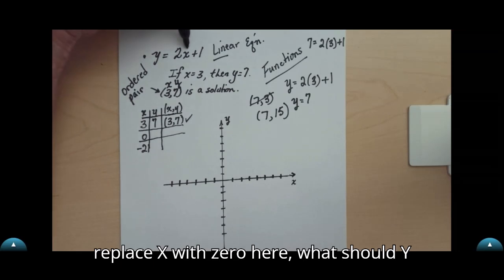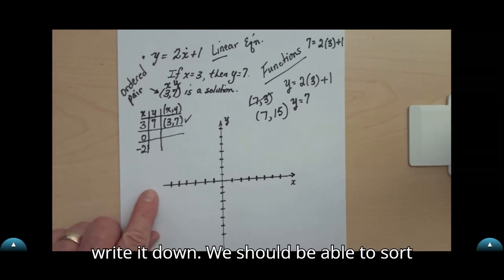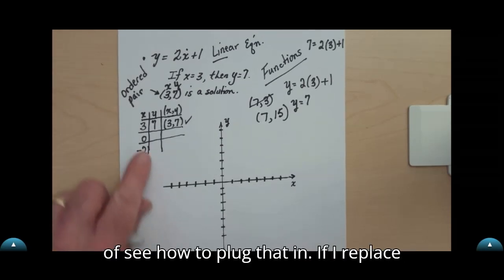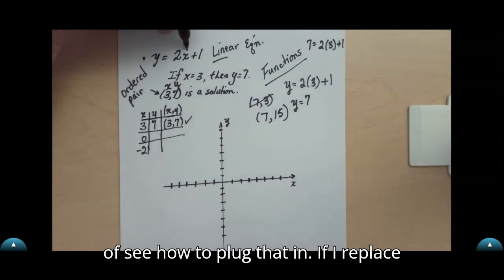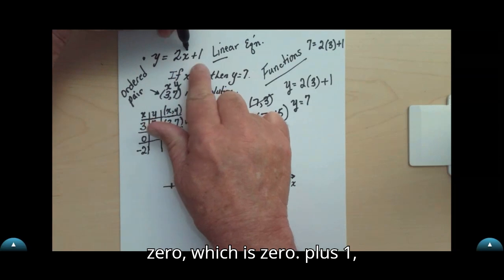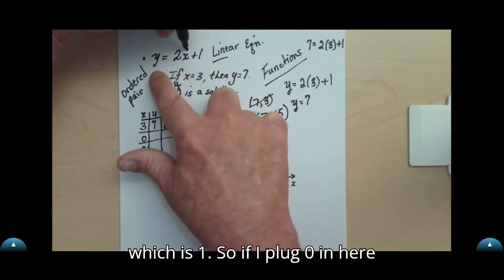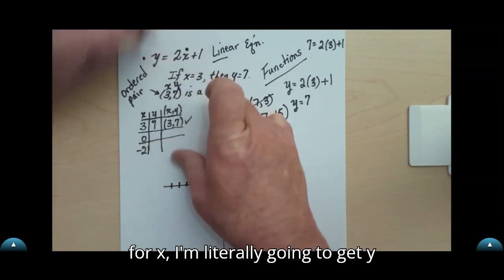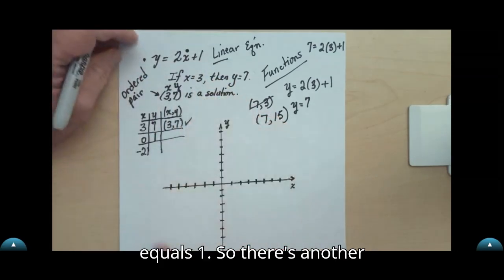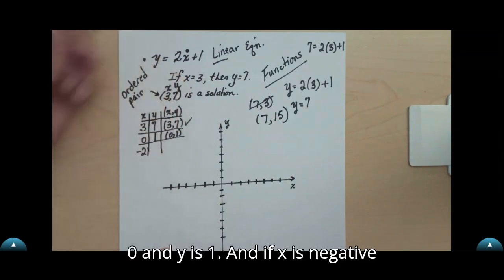If I replace x with 0 here, what should y be? 1, I agree. We should be able to sort of see how to plug that in. If I replace this x with 0, I've got 2 times 0, which is 0, plus 1, which is 1. So if I plug 0 in here for x, I'm literally going to get y equals 1. So there's another ordered pair solution, the one where x is 0 and y is 1.